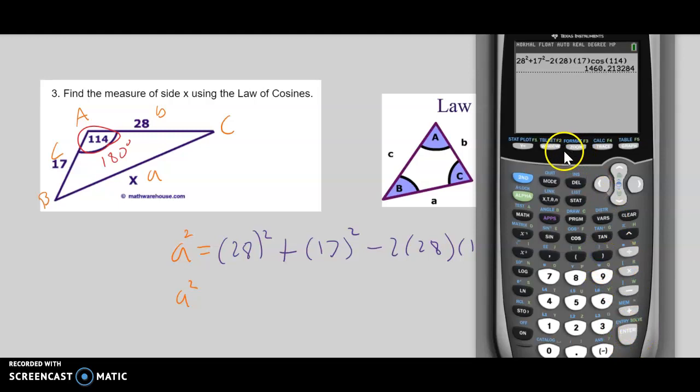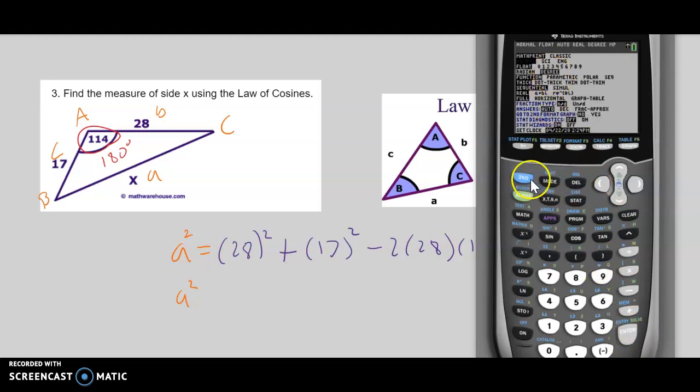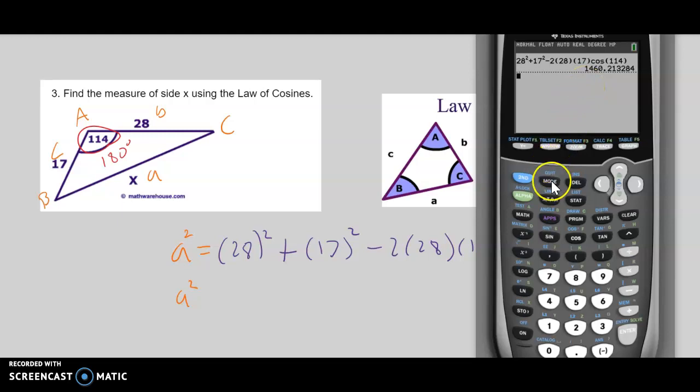I'm going to plug that in. One thing I need to make sure of is that my calculator is in degree mode, and it is. If you were in the live review, remember that it wasn't at first, so we got a weird answer. So make sure you're in degree mode. And so this is equal to A squared. A squared is 1,460 roughly.